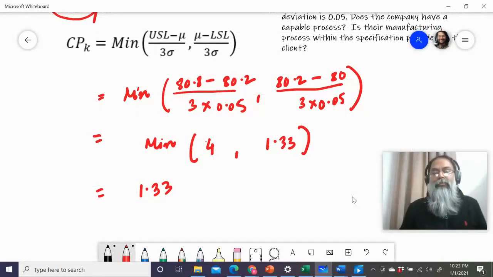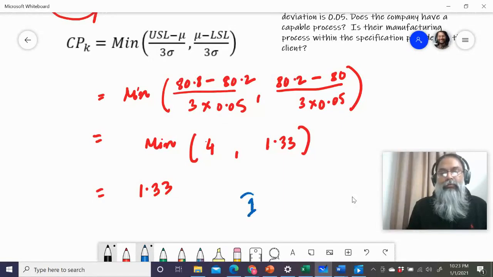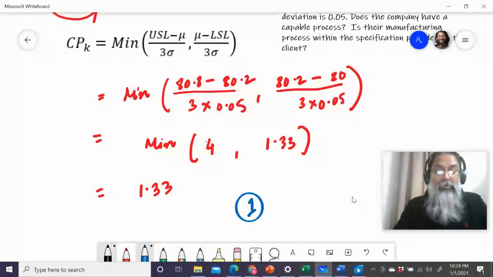From this, we can reach a conclusion similar to CP. Any value of CPK greater than 1 will let you know that the process is actually within customer specification limit too. CPK less than 1 will let you know that the process is not within customer specification limit.